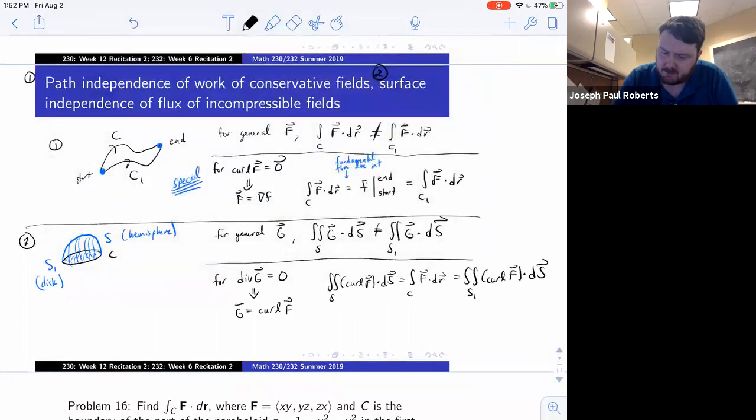So this is Stokes' theorem, and this is special. And so this here is Stokes, as is the other one.